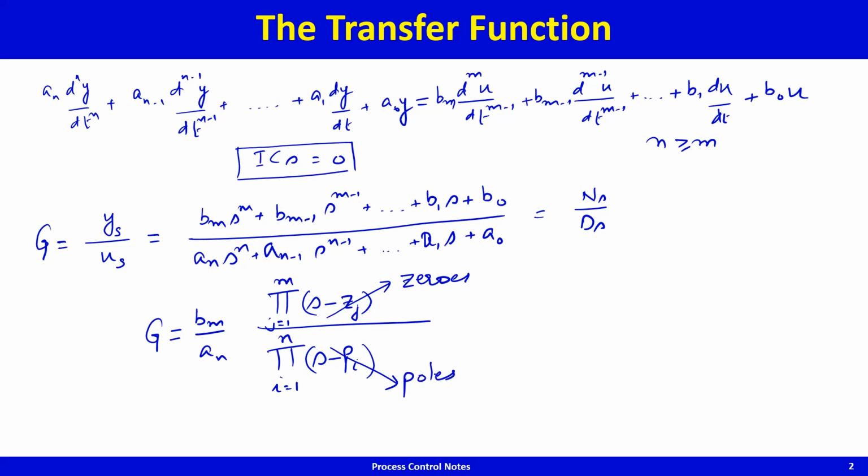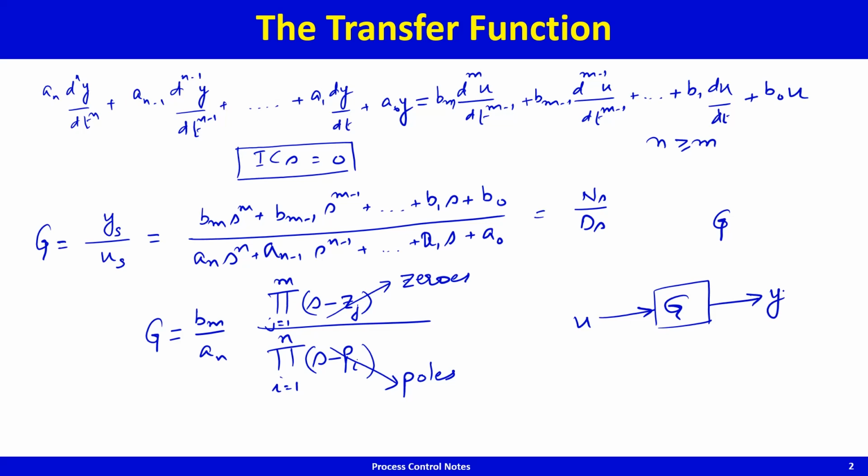Notice that G is a very compact representation of the causal input-output system, where the input is U, output is Y, and the subscript s is dropped for convenience.